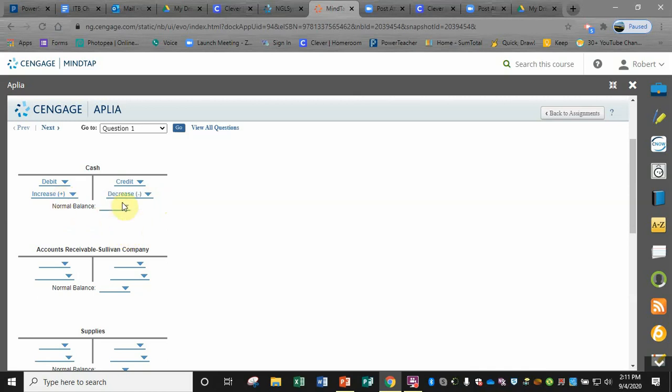Now we're going to pick which side is going to be our normal balance. So our normal balance is going to be on debit. On the debit side. Let's see if this turns red if I pick the wrong side. No, doesn't matter. Debit side is always the normal balance when we're under cash, because we're on the left side of the equal sign under assets.